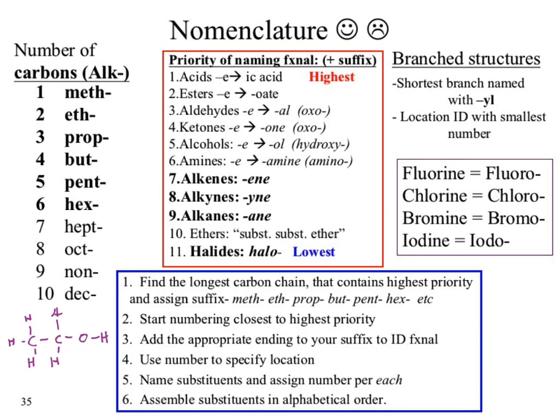So we could call that ethane, and we'd be done and wrong. Why are we wrong? There's a higher order functional group with the OH, which is an alcohol. So our ethane, delete the E and add an OL, and we end up with ethanol. See, easy, right?